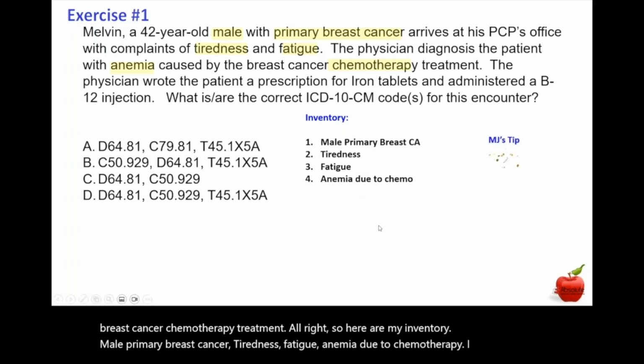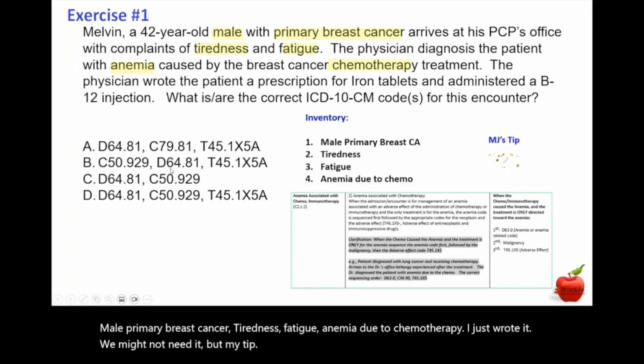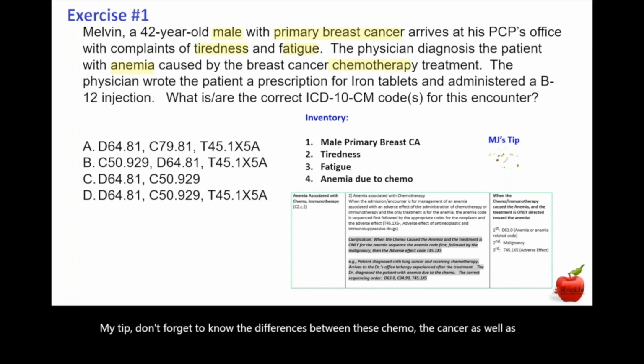My tip: don't forget to know the differences between these cancer as well as treatment. Treatment might not apply, but always be conscious of it.